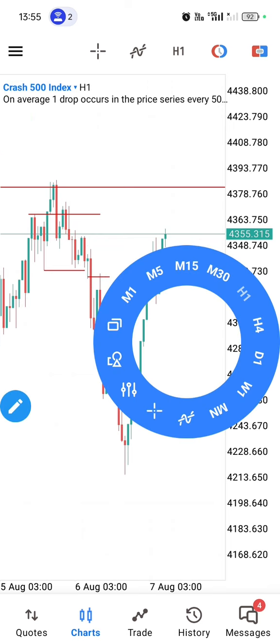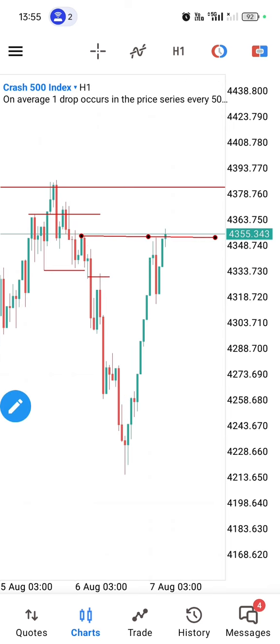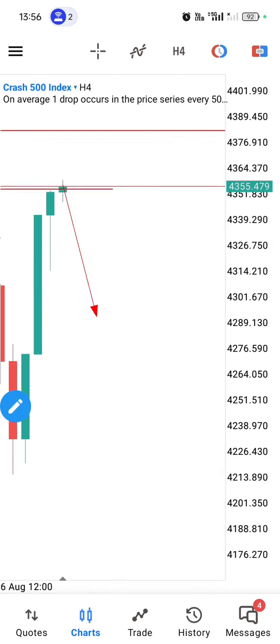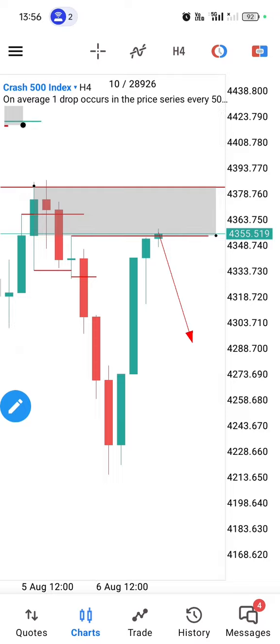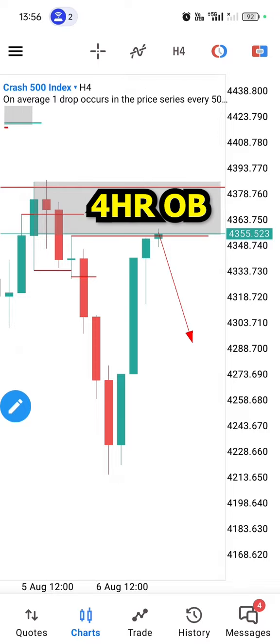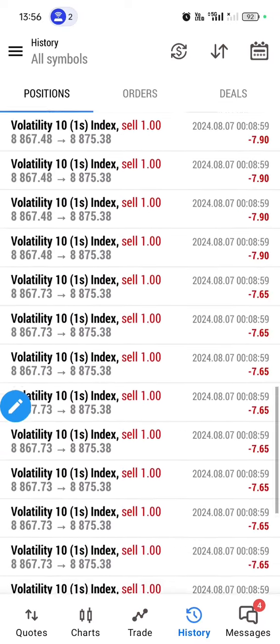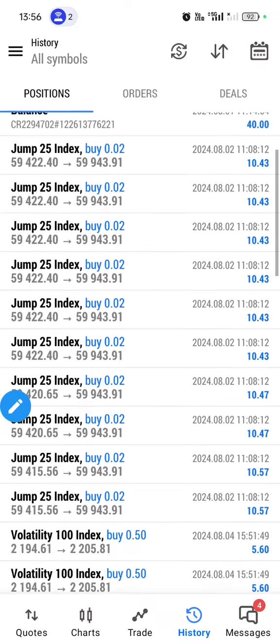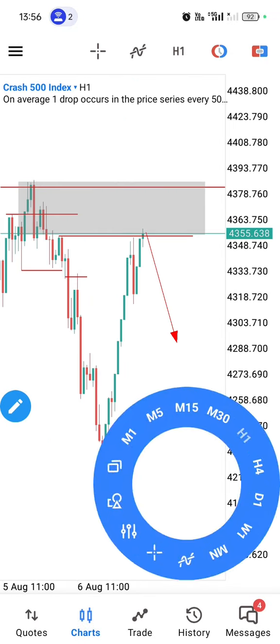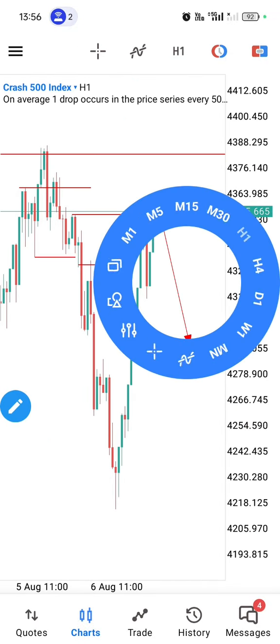We're going to be selling it at that premium zone, where price wants to grab liquidity above that high and then drop down from there. Above that high, when it's doing a liquidity grab, it's going to meet with a 4-hour order block in the premium zone. From there, it's going to drop down, and we might actually be selling quite sooner than you think.